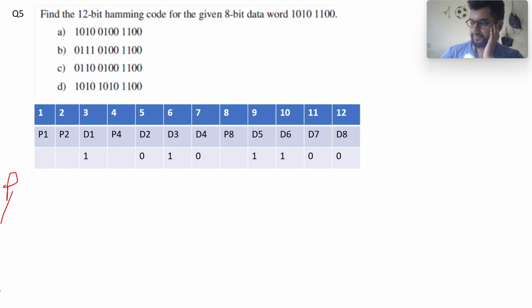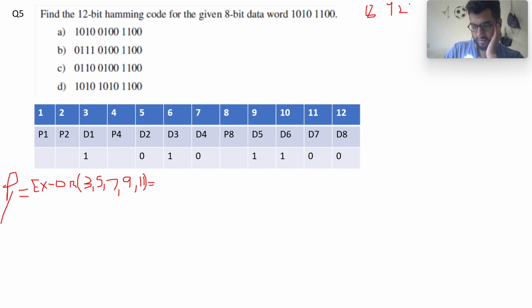P1 will be the XOR of bits 3, 5, 7, 9, and 11, that is, the XOR of all those bit positions which have 1 in them. By that I mean, when you have this 8421 structure, say we have 3, which is 2 plus 1, so 1 is here.